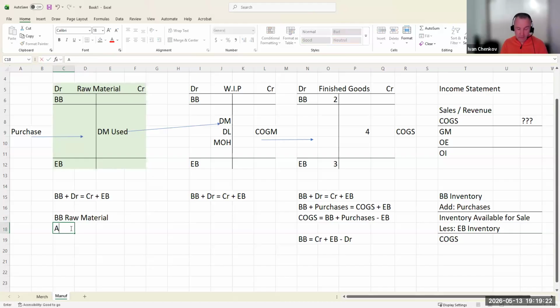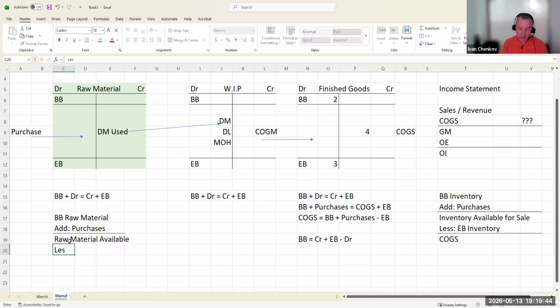Then we're going to add purchases. And those two together are going to give me raw material available. For what? For use.